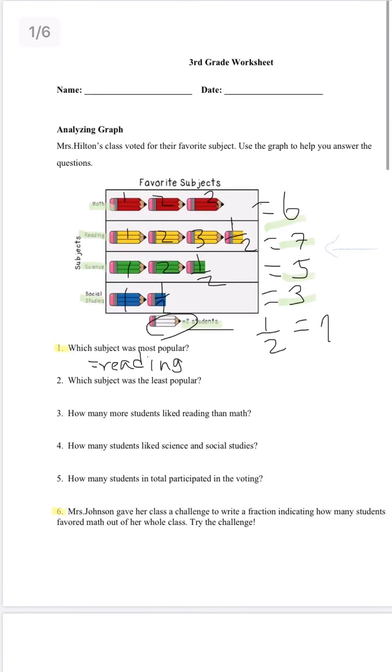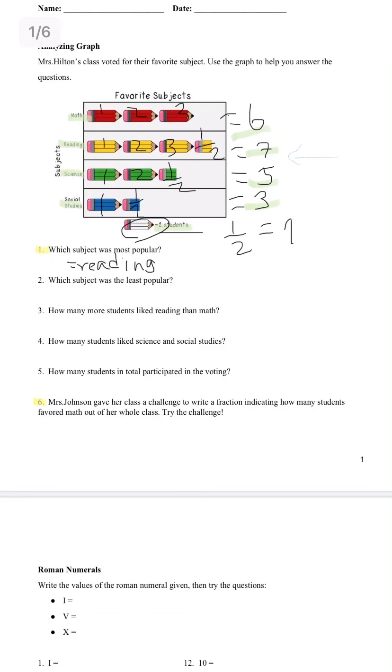Okay, and then the last question. Mrs. Johnson gave her class a challenge to write a fraction, indicating how many students favored math out of her whole class. Try the challenge. So we have to come up with a fraction that indicates how many students favored math out of her whole class.